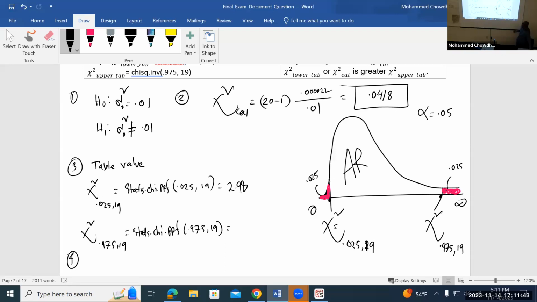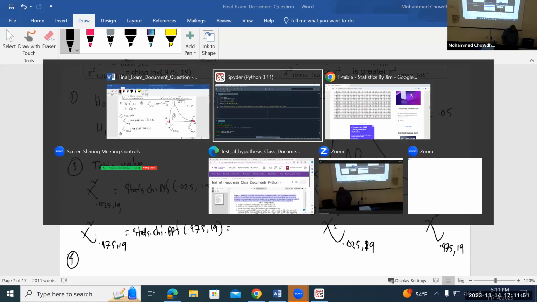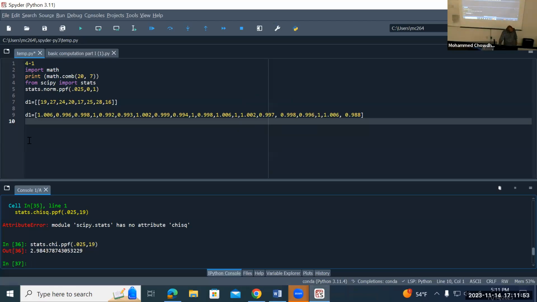It might switch. This one could go that way, and this one could come this way. But we have to check. So let us check. It should not go that way, the way it is written. 0.975. Okay, yeah.